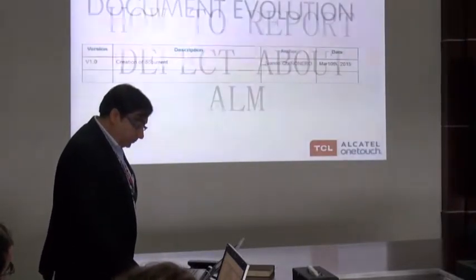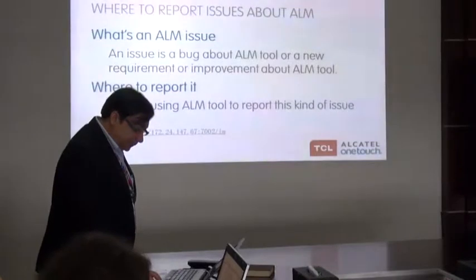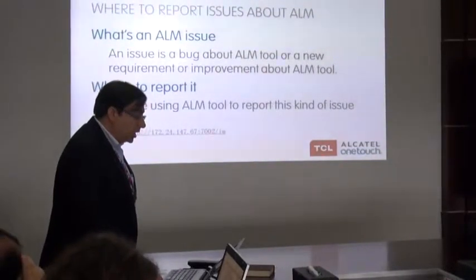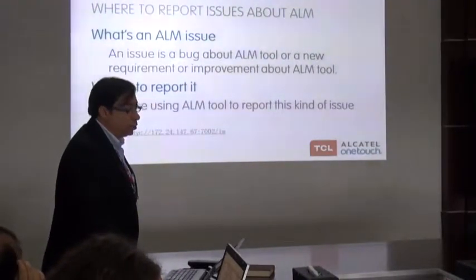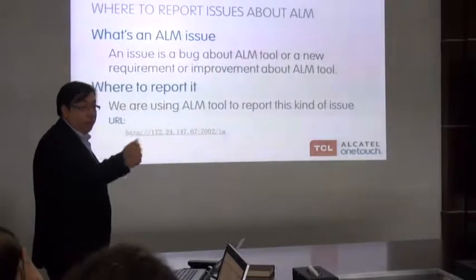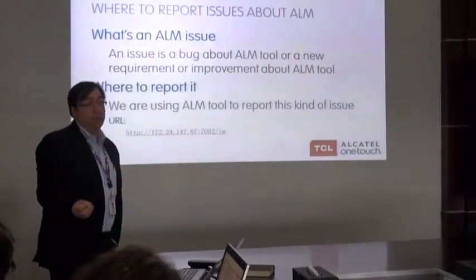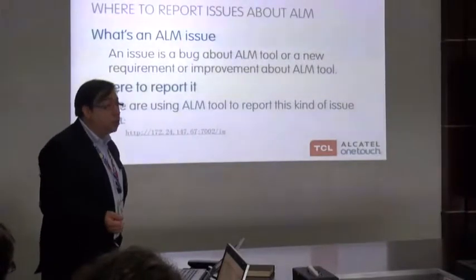So, the first thing is, what is an ALM issue? An ALM issue means a bug or a defect that we have in the tool, something not working as we expect. This is an issue.